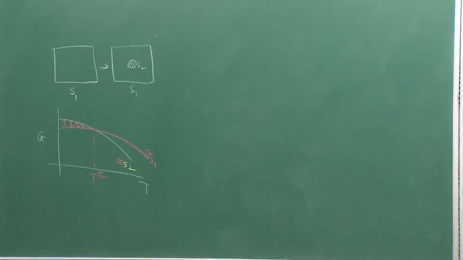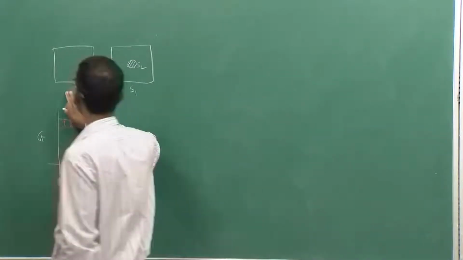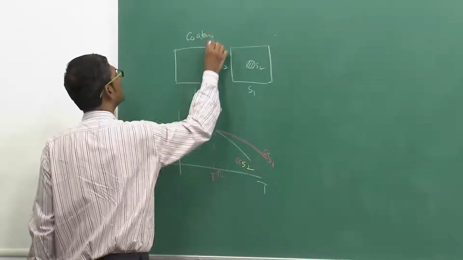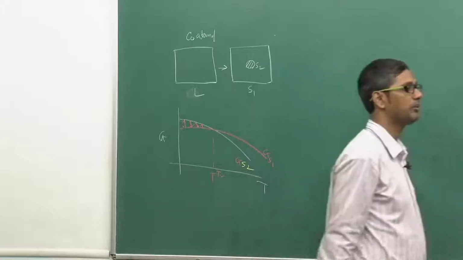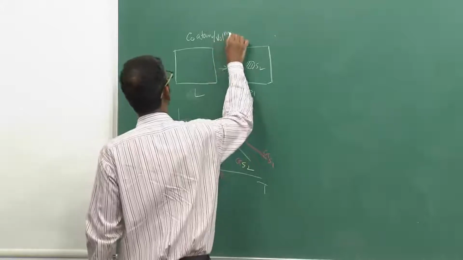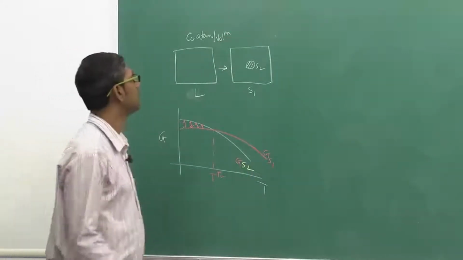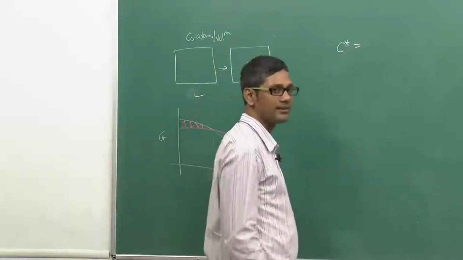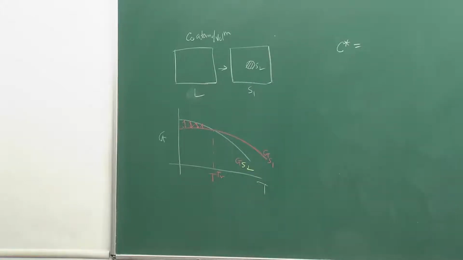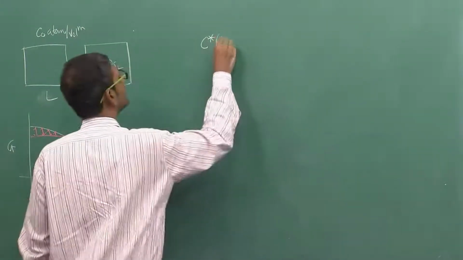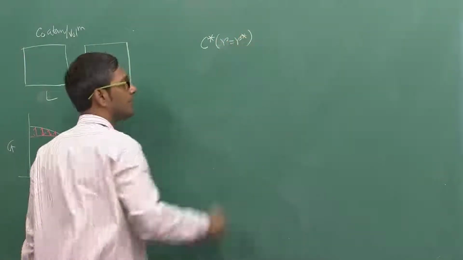suppose I have liquid, and I have C0 atoms per unit volume. Now, what is the probability that this critical size nucleus, the clusters of R star that we have seen, will be formed?